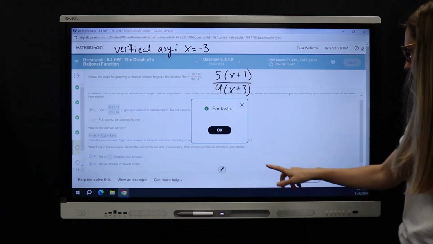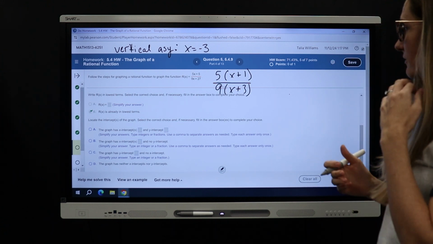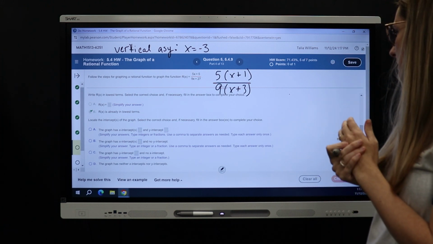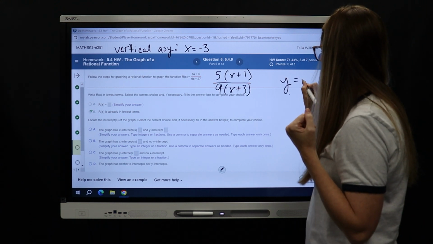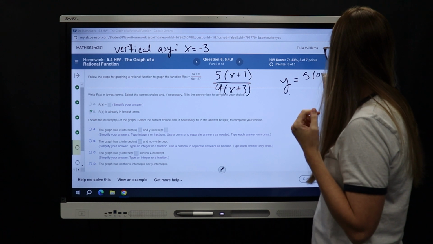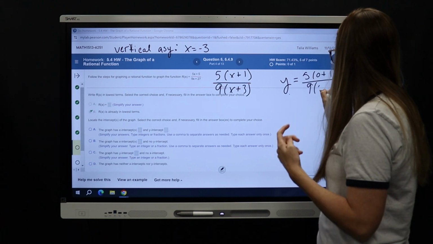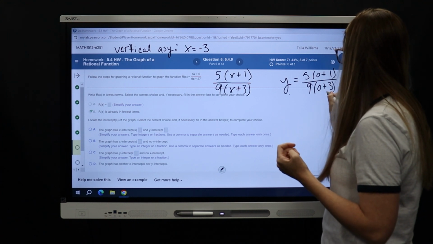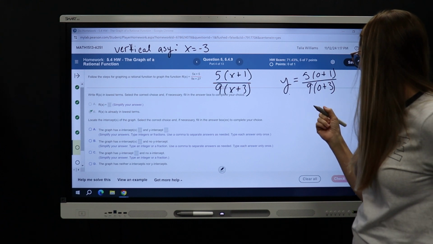Locate the intercepts of the graph, select the correct choice, and if necessary, fill in the answer box. So first let's do y, and we'll put 0 in for x. And you don't have to use your factored one on this. I could have put it into the other one and it probably would have been easier.